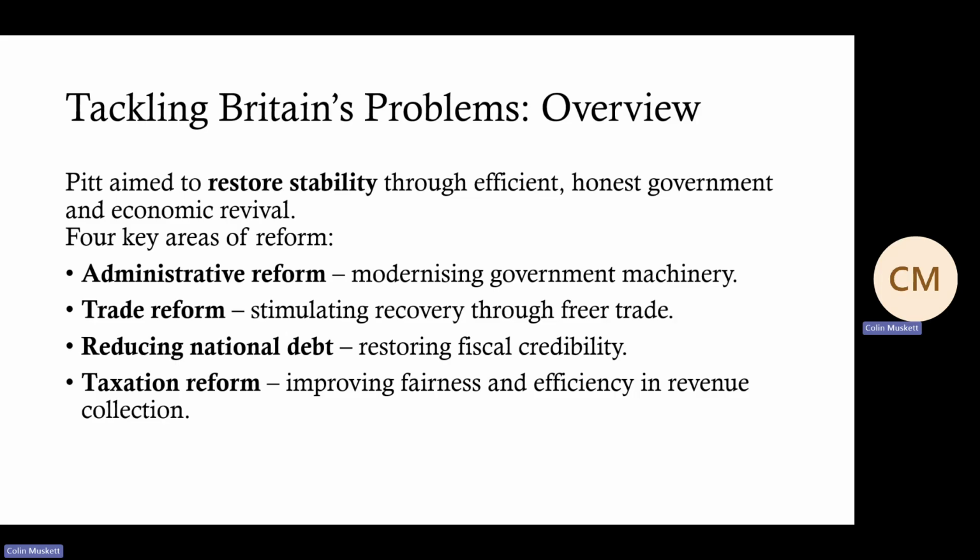Linked into that, of course, was reducing the national debt. Britain was, as discussed, £240 million in debt. They had to make a significant chunk out of that debt in order to restore Britain's reputation as a nation in which creditors could have confidence.